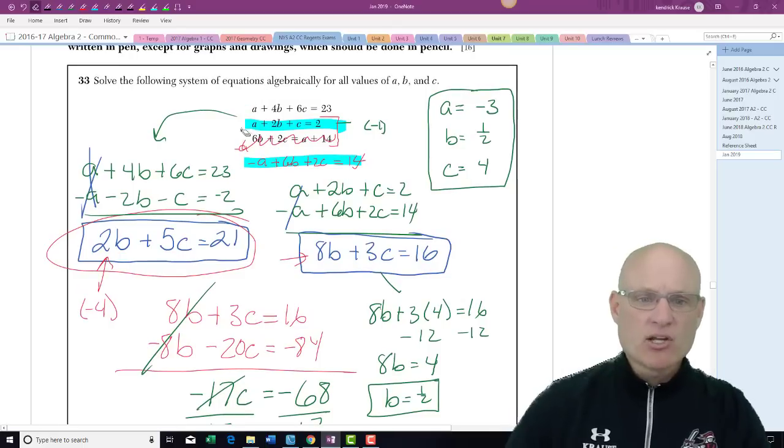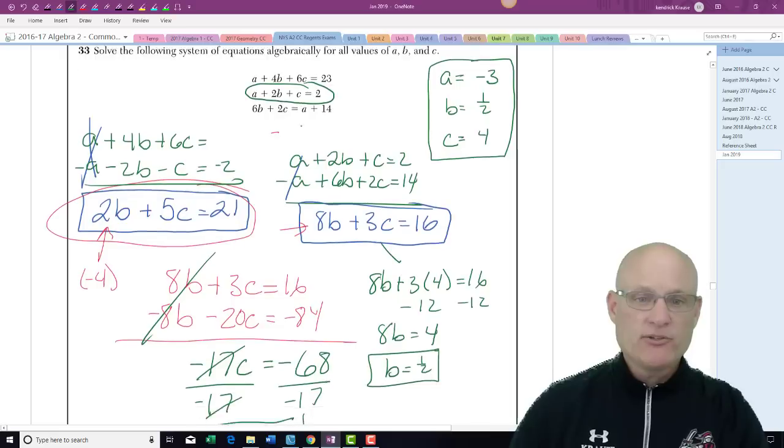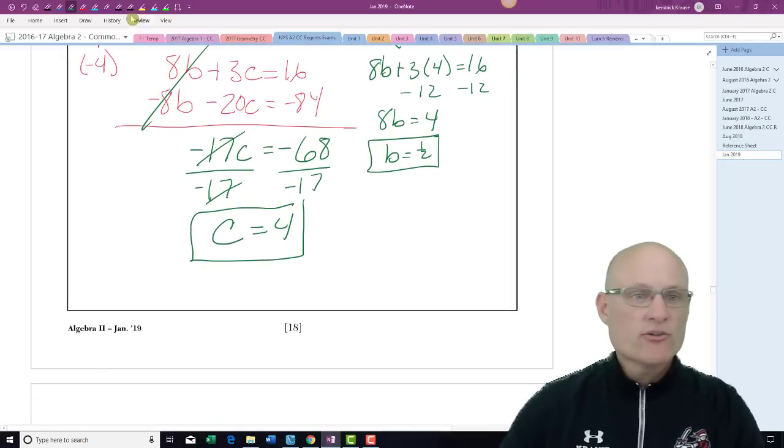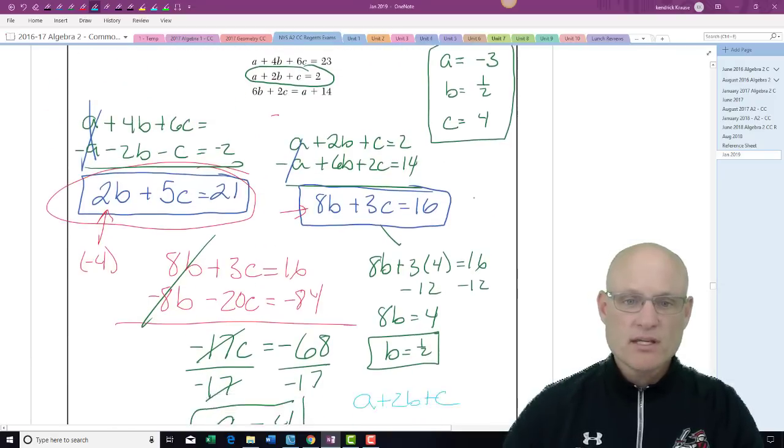Perfect. Now I'm going to look at the originals and find the one that's the simplest to use, and that's going to be this one. This was the easiest one to use. A plus 2B plus C equals 2.